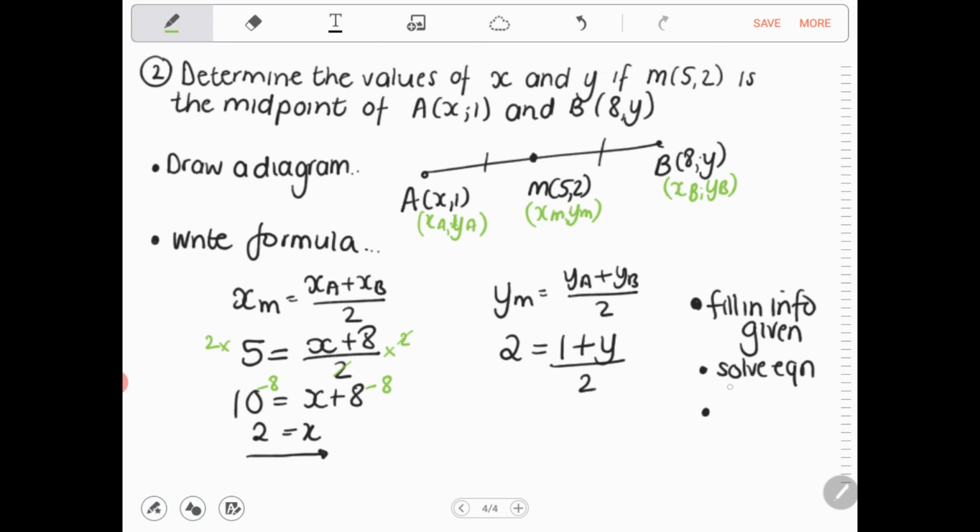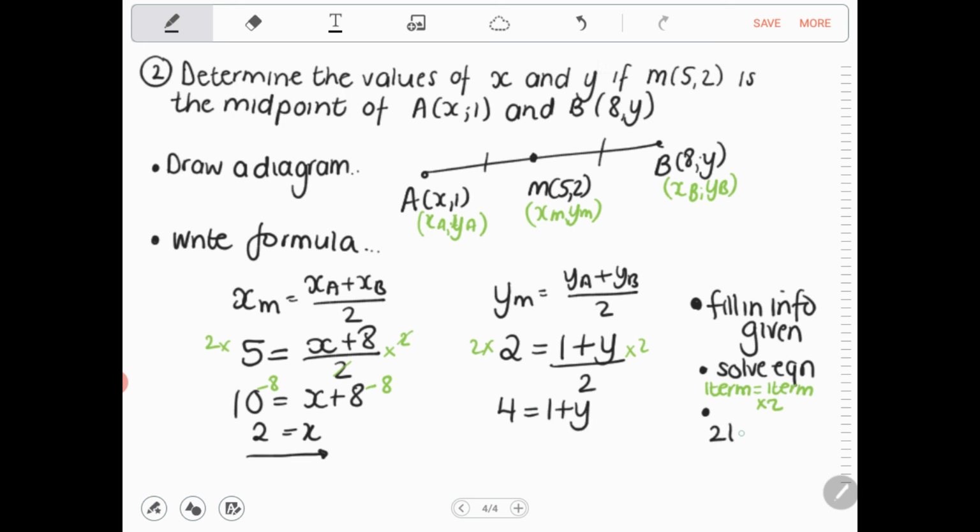So because it's one term, we times by 2. So we times this side by 2, and we times this side by 2. So that's going to give me 4 is equal to 1 plus y.